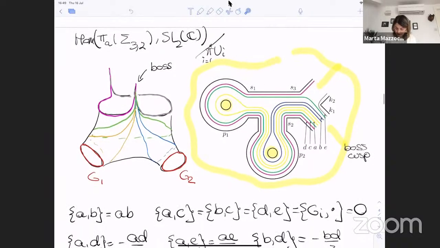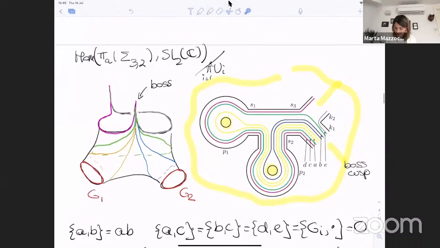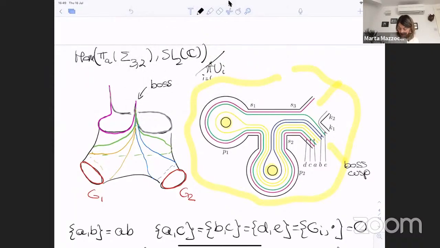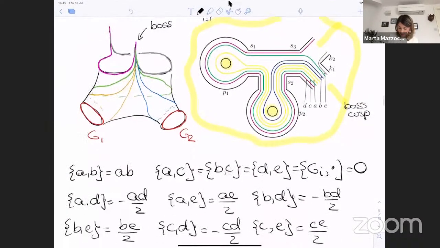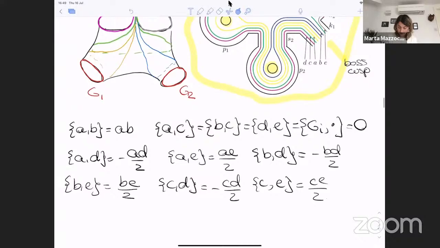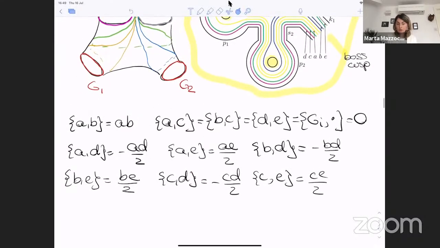As I said, these coordinates, which are the lengths of these arcs, satisfy cluster algebra, and they satisfy a very nice Poisson structure, which is of cluster algebra flavor, which means it's purely quadratic. Okay, there are no linear terms, no constants, purely quadratic.